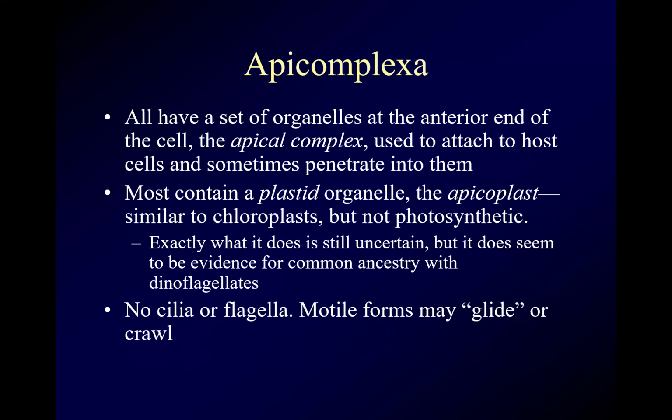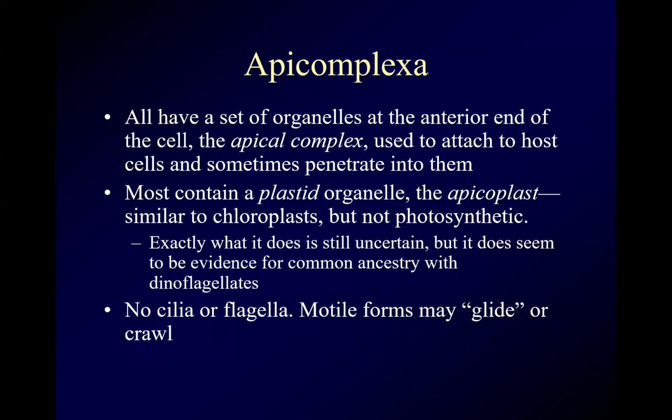Apicomplexans we're going to see in lab on Friday, and I think unlike some other labs in this course, this one is just about guaranteed to actually work. Apicomplexans are called that because they all have a set of organelles at the anterior end of the cell, which is called the apical complex, which is a rather complex grouping of microtubules and other fibers, almost like a nose cone.